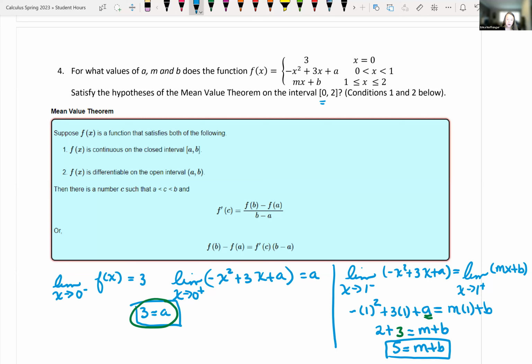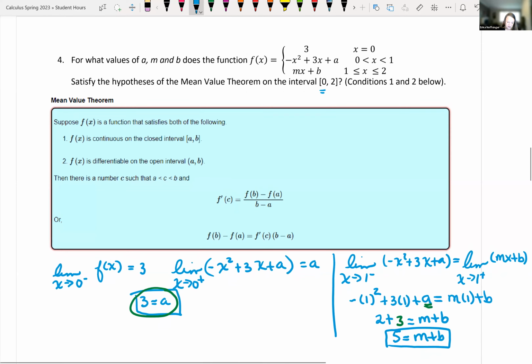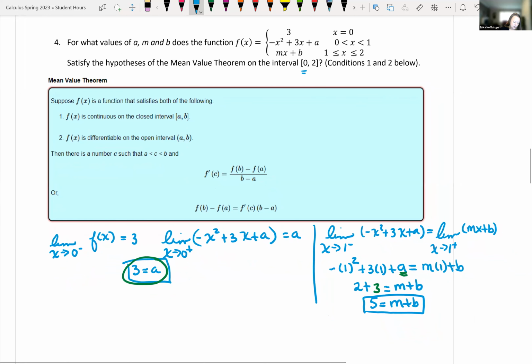Okay, well, we figured out what a was, but we don't know what m and b are yet. But let's go to the second condition of our hypothesis, which says that f of x has to be differentiable on this interval. So let's find the derivative of the second equation.